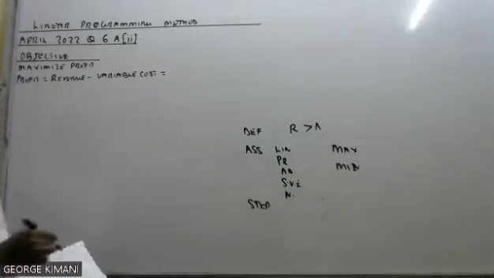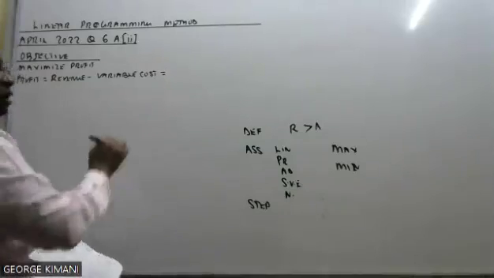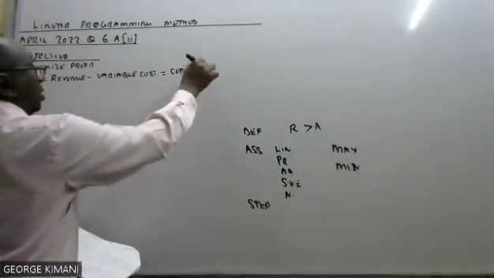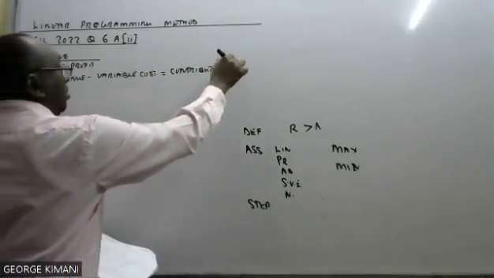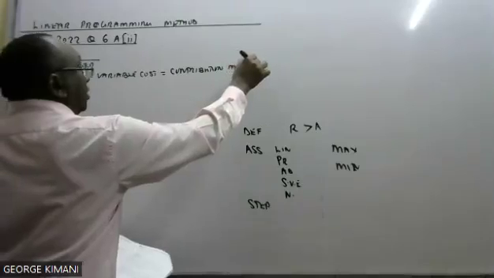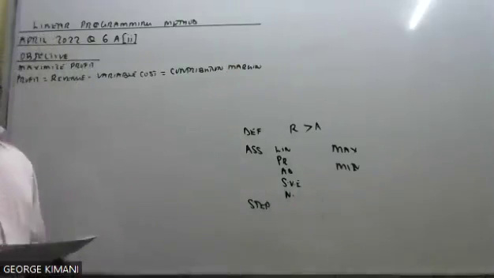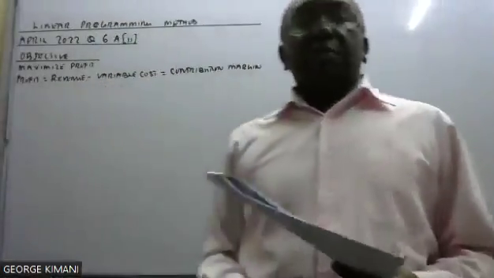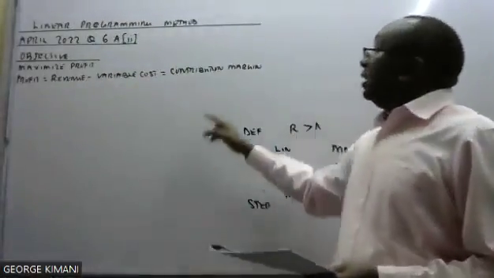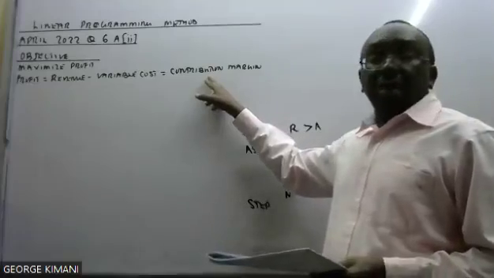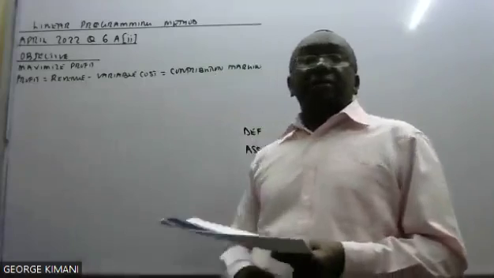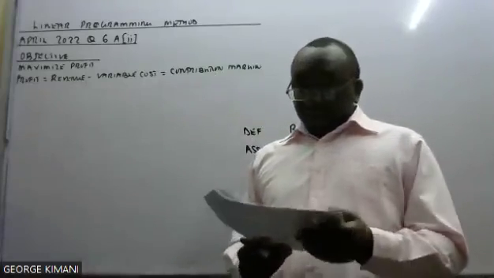In cost accounting, this is called contribution margin. So when you're in linear programming and you see the word profit, it is the other word for contribution margin, and it is obtained as revenue minus variable cost.